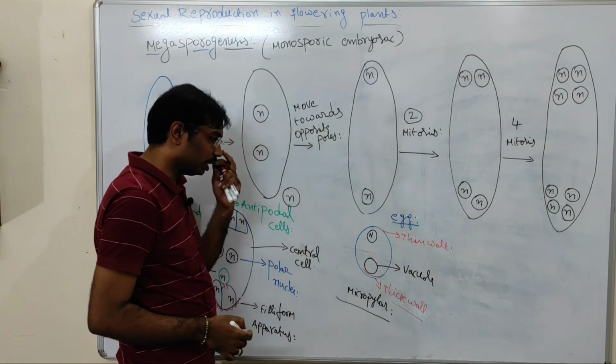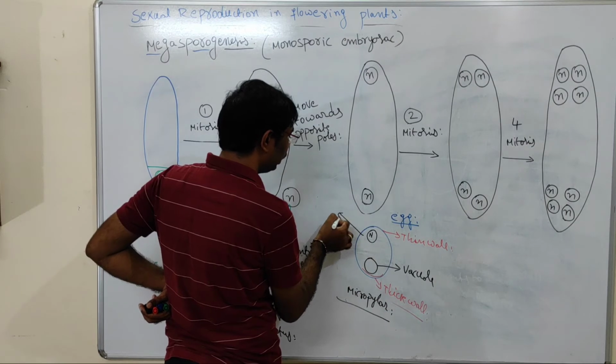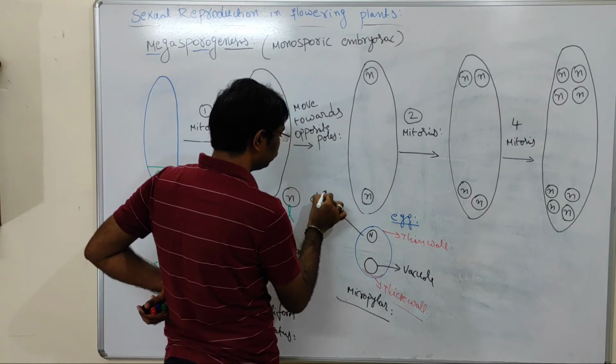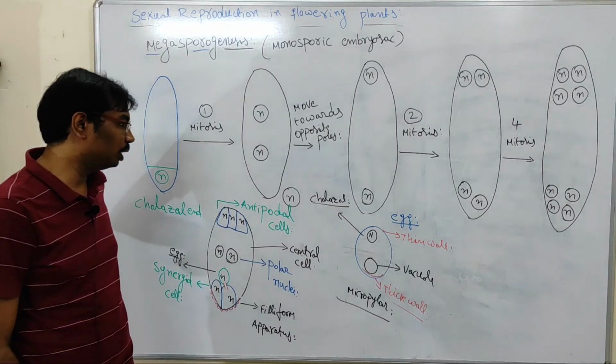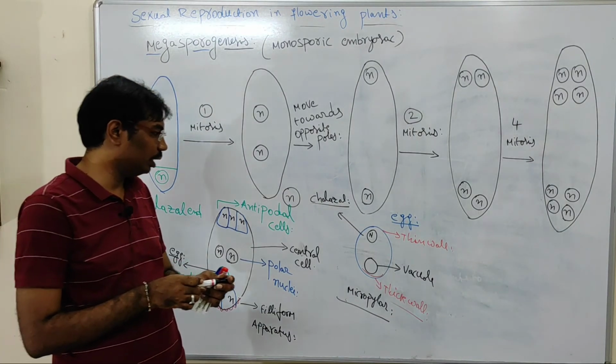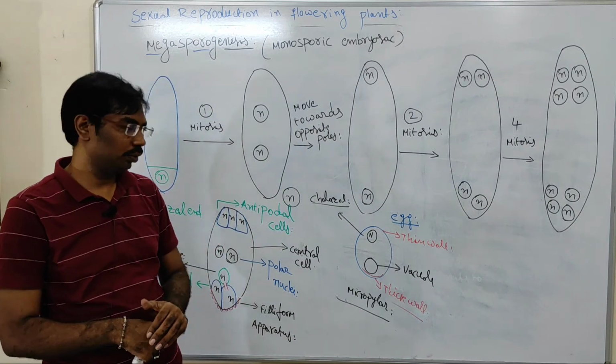The nucleus of the egg cell is present towards the chalazal end, and the vacuole is present towards the micropylar end.